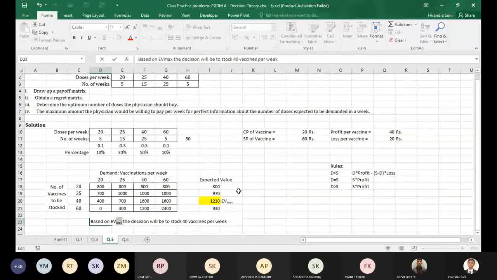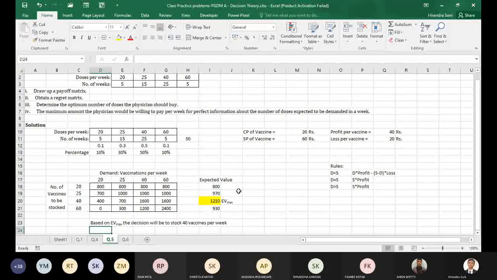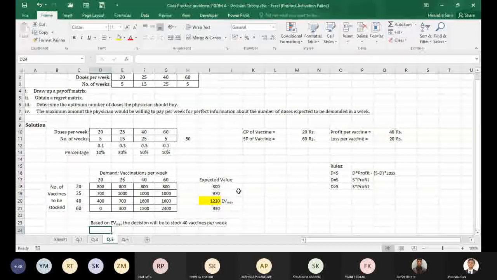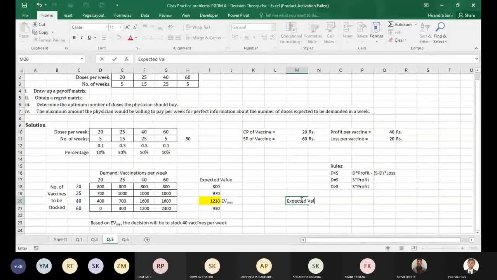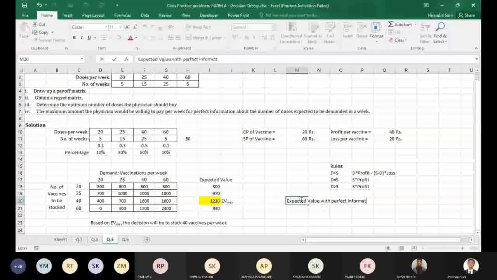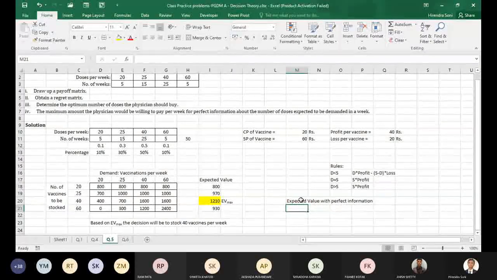Yes, sir. Now, let us look at in case the doctor had perfect information. Okay, so that means expected value with perfect information. That means he knew 20 vaccines, 20 patients आएंगे.